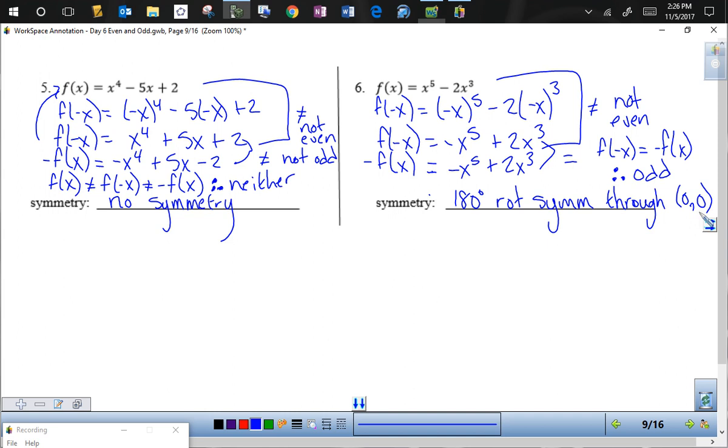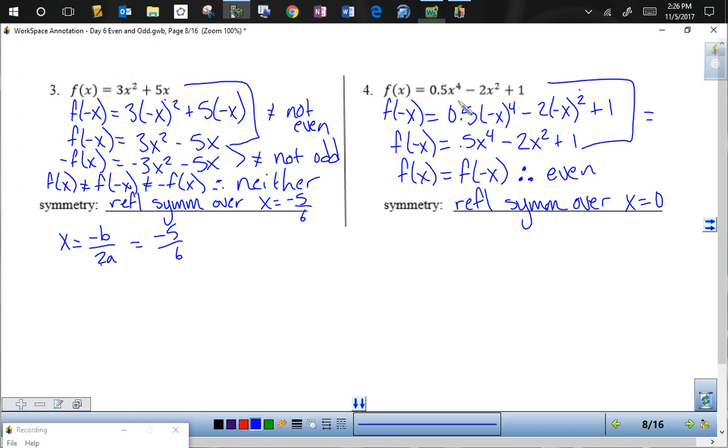Alright, so what we're going to do now is take a look back up at what we've done so far and see if we notice any patterns. We've got some odds, we've got some even, and we've got some neither. Let's take a look at this equation here that ended up being odd. We've got x to the fifth and negative 2x cubed. Over here, that was neither. We've got x to the fourth, this is x to the first, and then we've got plus 2.